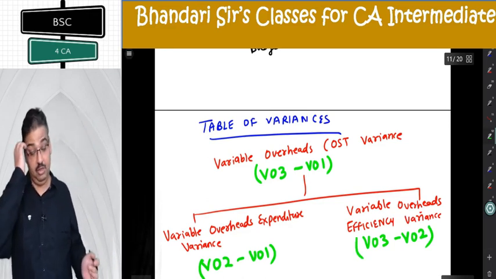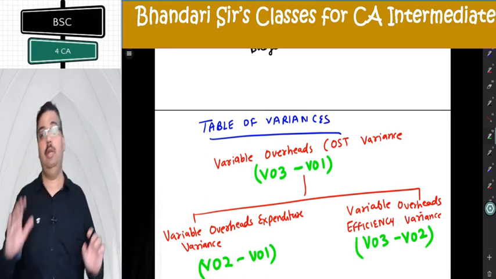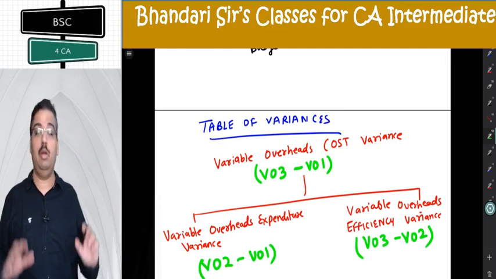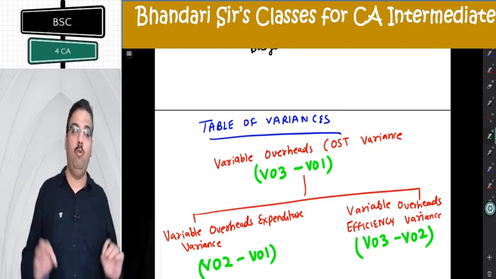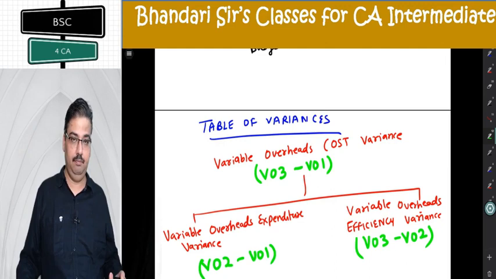No sub-classification because there are only 3 steps to take care of. These are all concepts related to overhead category of variances.